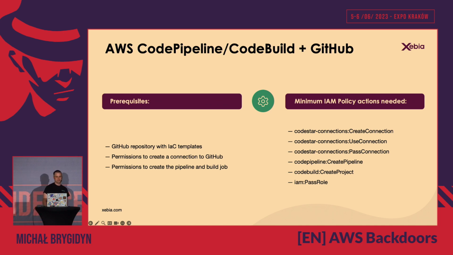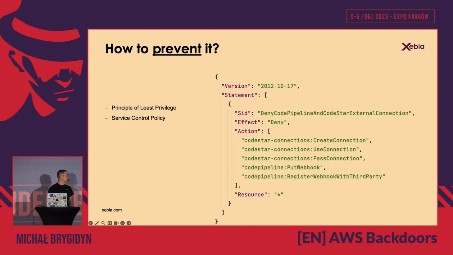Then we need to create a new project, create a pipeline, and pass a role so that our CodeBuild can use our admin-like role. Preventing it is pretty easy with SCP. Just prevent anyone from creating the external connections. If you don't use GitHub or if you don't use CodePipeline, CodeBuild, or any CodeStar service, then block this. Principle of least privilege. If someone doesn't need access somewhere, then don't give it to them and prevent them from using something.